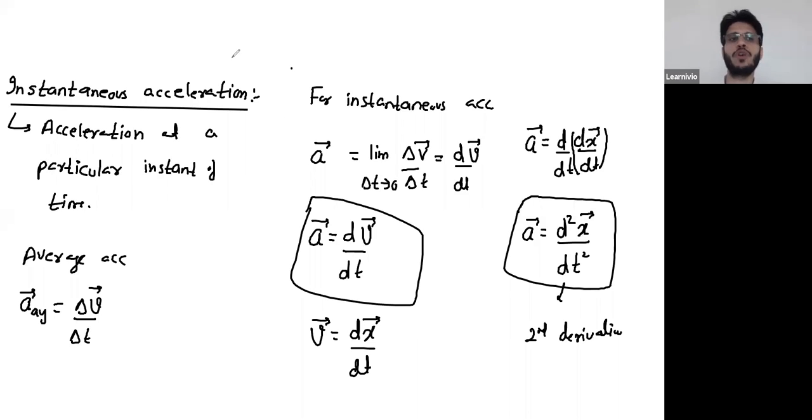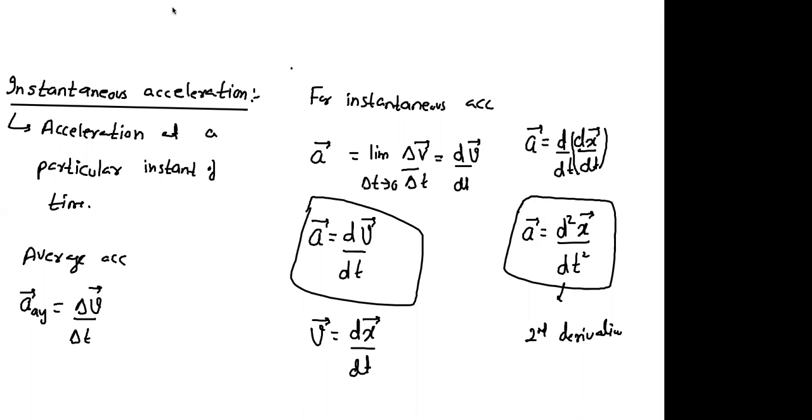This is the first derivative, where you differentiate velocity one time. Done, sir. So can I erase it? Yes, sir.